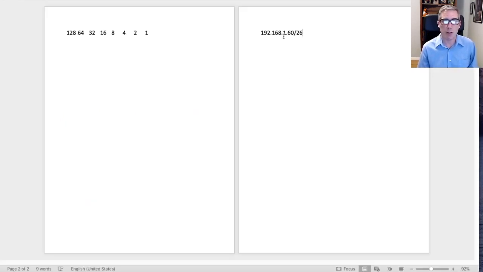So we're just doing that right here. Now, what does that mean? That means that our subnet mask is 1, 1, and then zeros. So this is the network portion of our IP address, and that means that these 2 bits are the network portion.